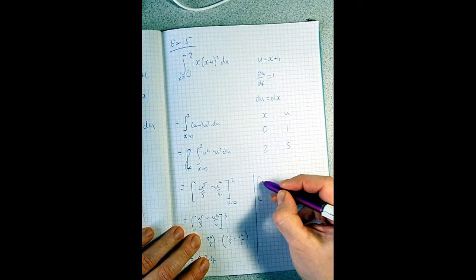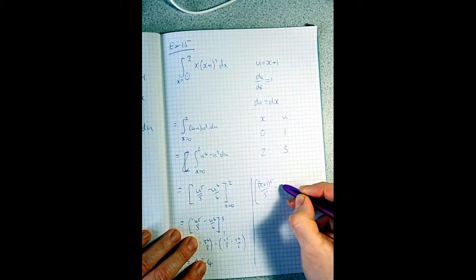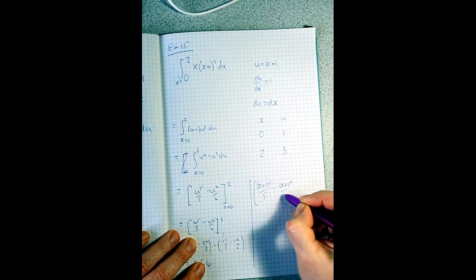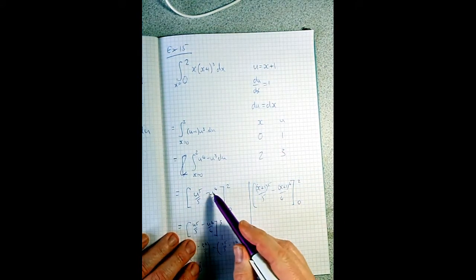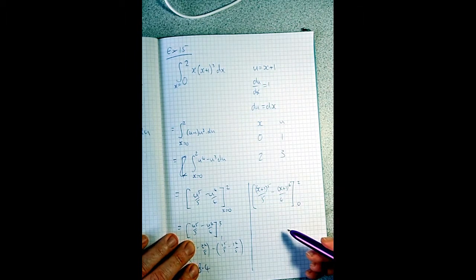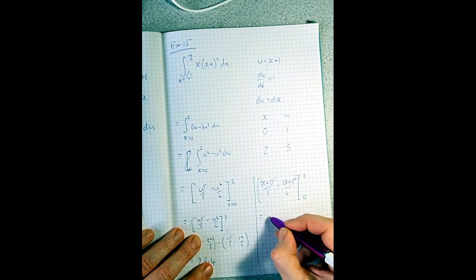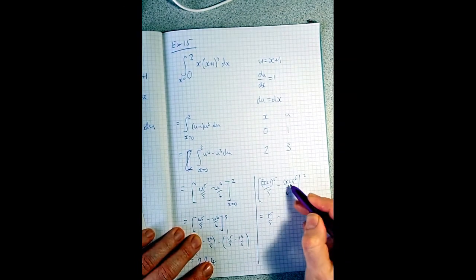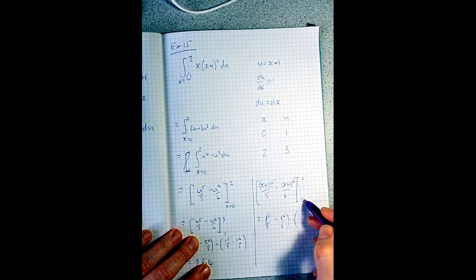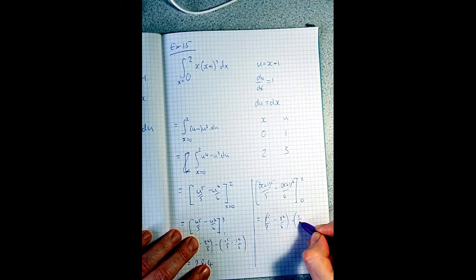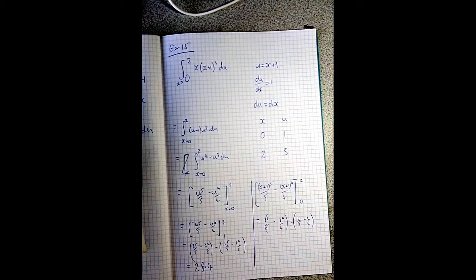If I'd have gone x plus 1 to the 5 over 5 minus x plus 1 to the 4 over 4, if I'd have left my x values in and replaced my u's with my expression in x, you would hope I'd get the same thing, wouldn't you? 2 add 1 to the 5 over 5, 2 add 1 to the 4 over 4, and then 0 add 1. So you can see that I'm going to get the same value.